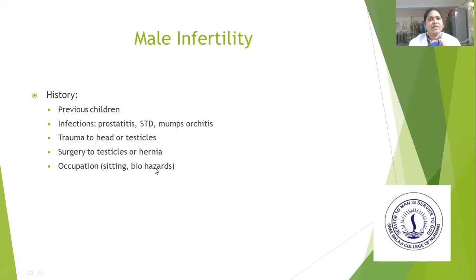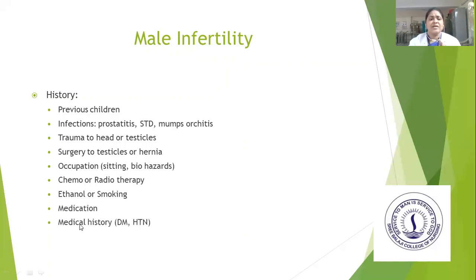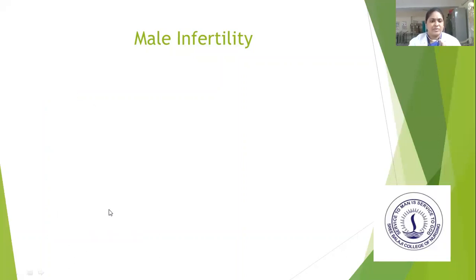Biohazards: if they are working with chemicals, that may also cause some infertility problems among men. Chemotherapy and radiation therapy, because radiation will affect the testes and the sperm count. And alcohol or smoking, some medications, and medical history such as diabetes mellitus and hypertension, and previous investigations.